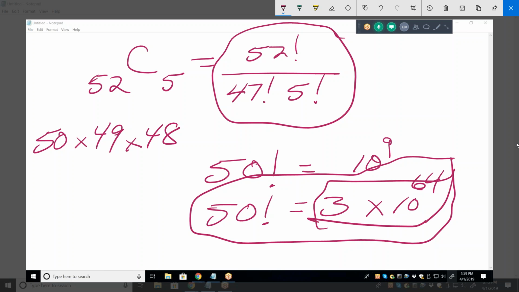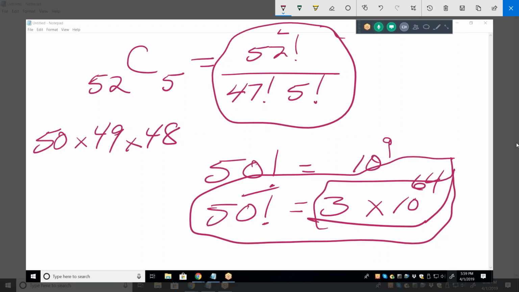But it is. If you put that into your calculator, some calculators, that'll make it cough. You know, it'll say line error. But if you use a new enough calculator, it'll give you the answer for 50 factorial. Yeah, it's huge.